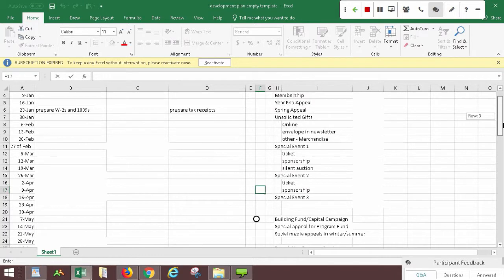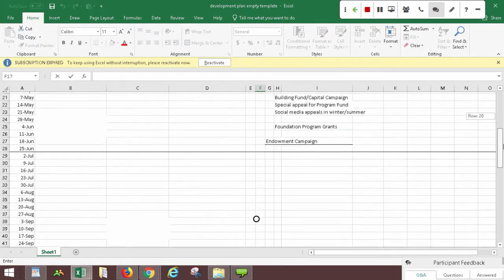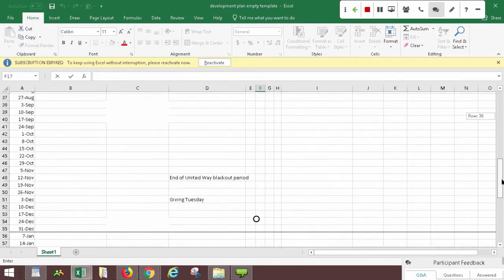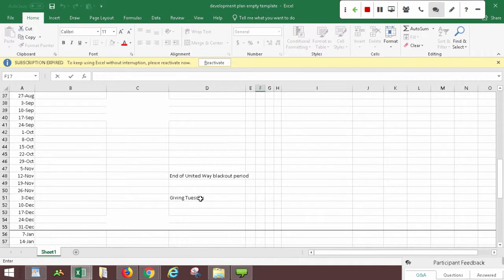Then my calendar is pretty blank all the way down until a couple of things that happen for everybody in late November, early December. And these are under my development task column.